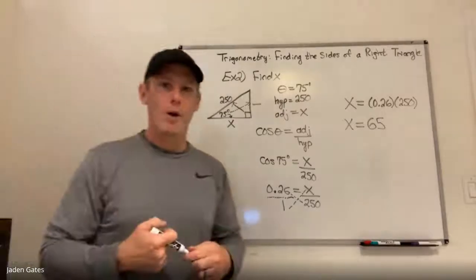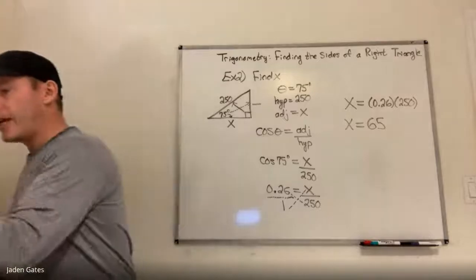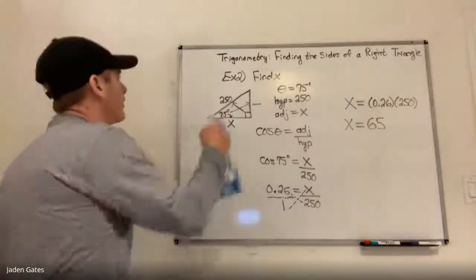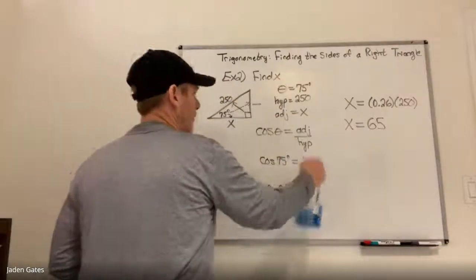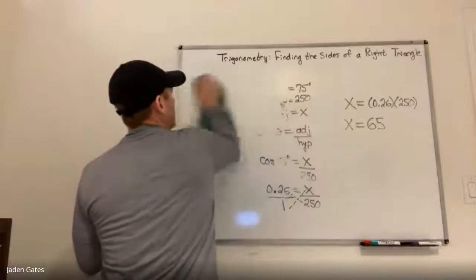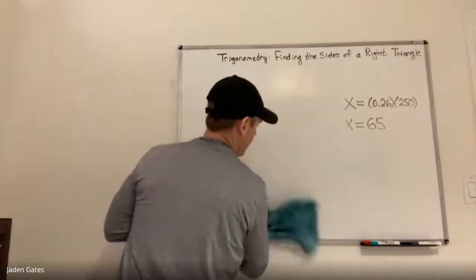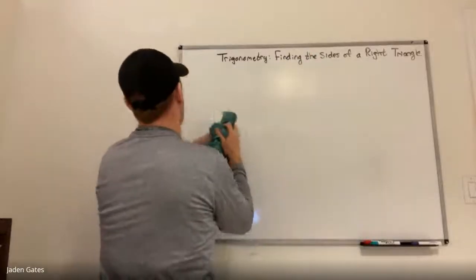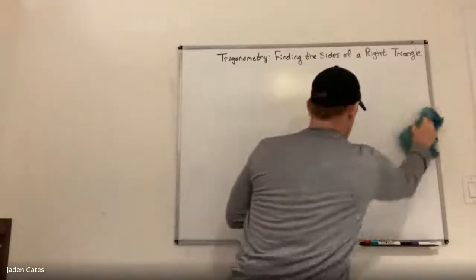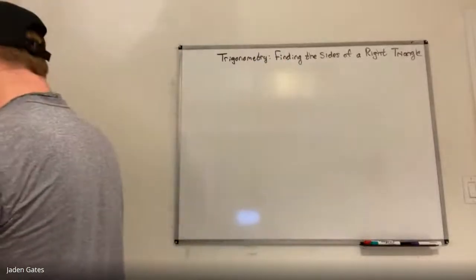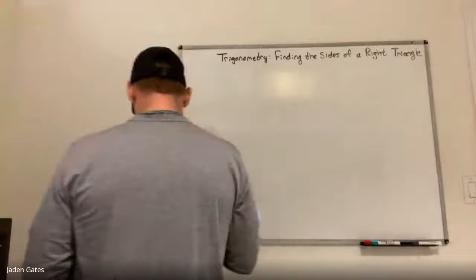All right, I'm going to do one more of those. Hopefully, again, it's jogging your memory. All right, so here we go. Second example, or third example, I guess, today.